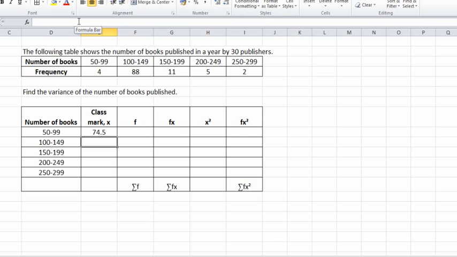That's the class mark. And this one we have already figured out: 99.5 plus 149.5 divided by 2 is 124.5.